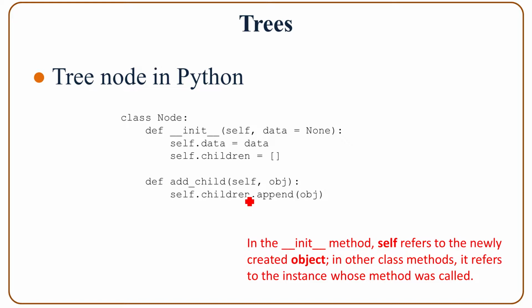So let's look at the implementation of a tree node in Python. Here we have a class, namely Node. And then we have a constructor. A constructor basically is a method with a special name in it.